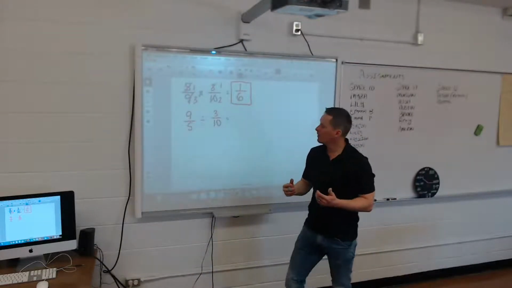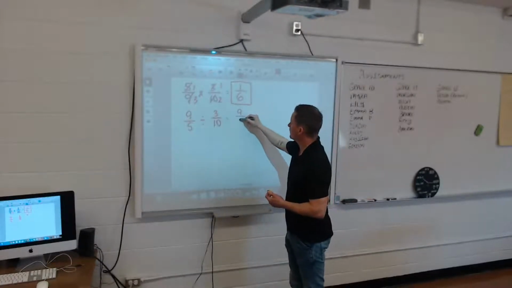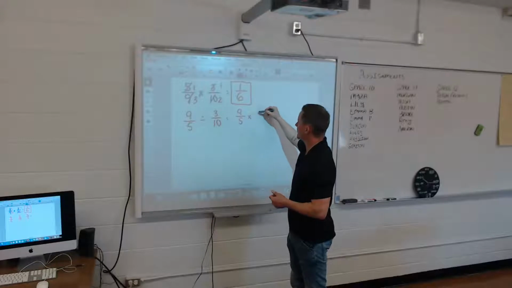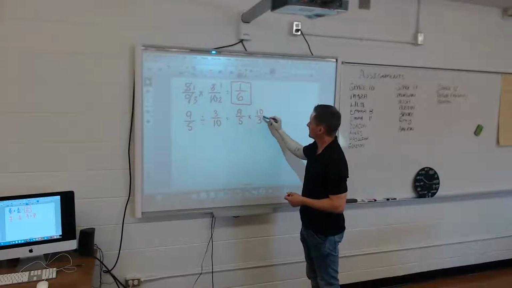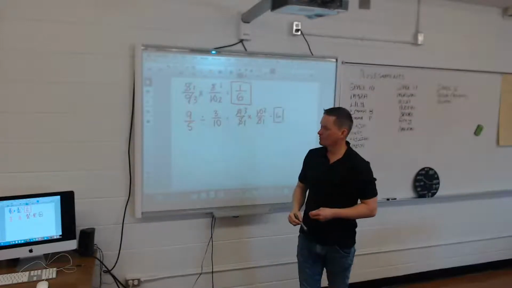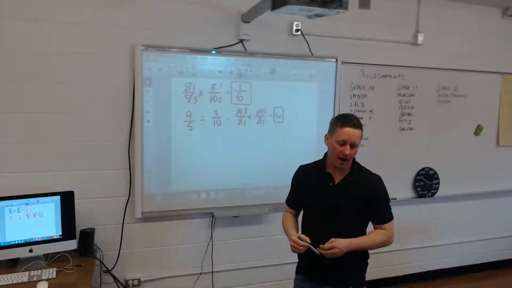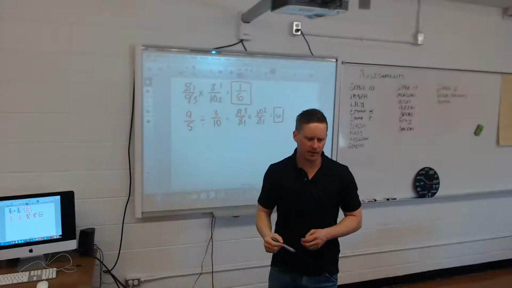When I divide fractions, I multiply by the reciprocal of the second fraction. Then I cancel out again: 1, 3, 1, 2, and that gives me 6. So remember, when you're dividing fractions, you flip the second fraction and multiply by the reciprocal.